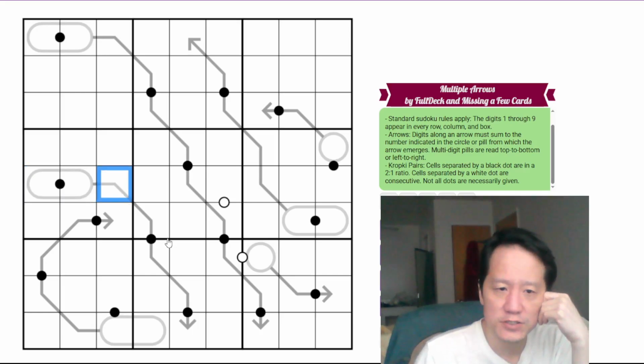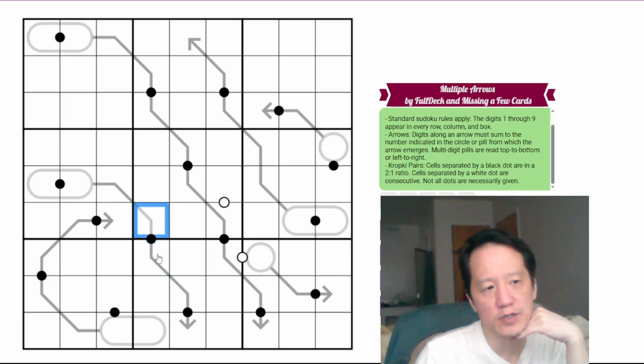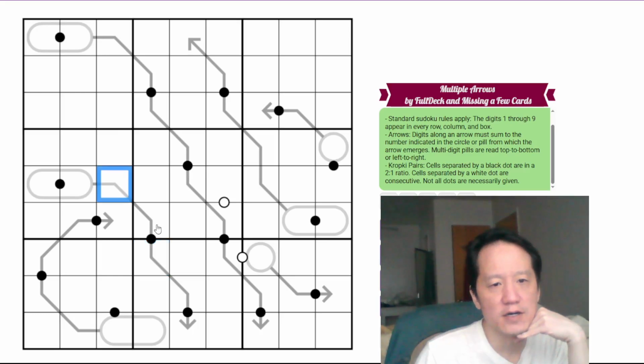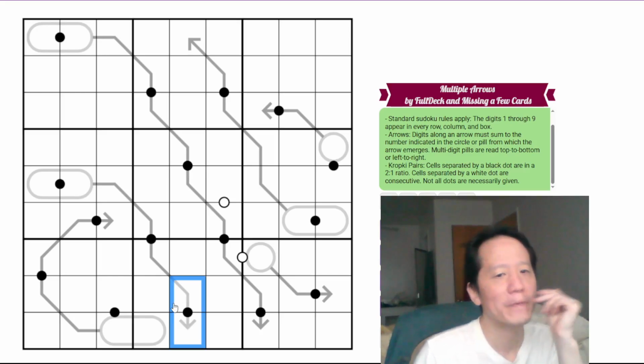So the max this could be is, say, 9, this is 8, and this could be a 4. So you could have 9, 4, and 8, and then 3 and 6, because obviously if 4 or 8 is here, the other one cannot be here.